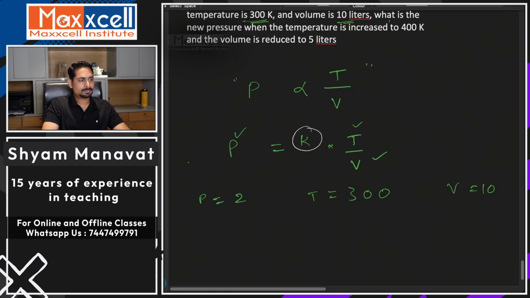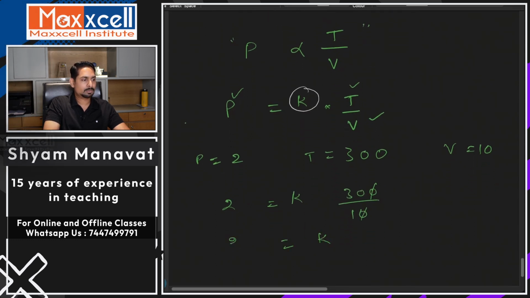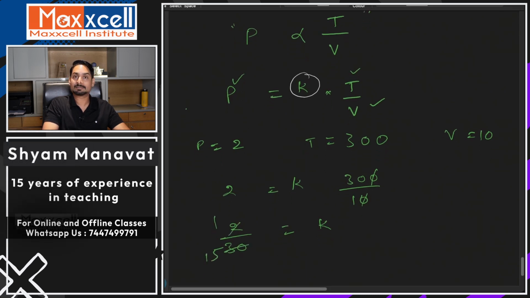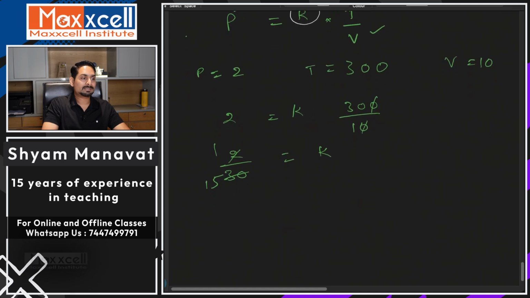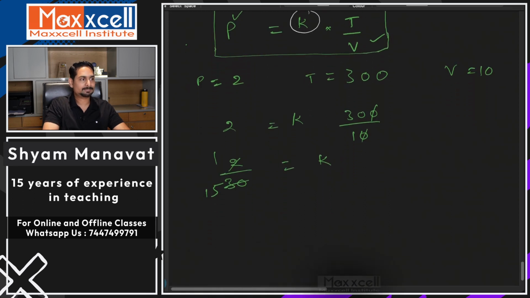Now substitute. So you got P equal to 2, K you need to find out, T is 300, V is 10. If I simplify this, cancel, K equal to what? 2 by 30, that gives you 1 upon 15. That is the value of K. Now this value of K we replace in the original equation here.